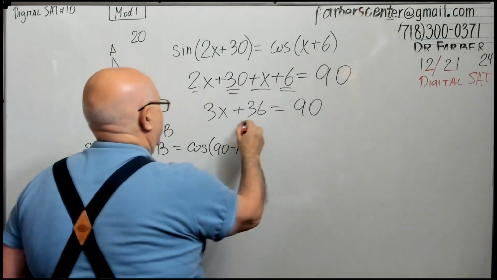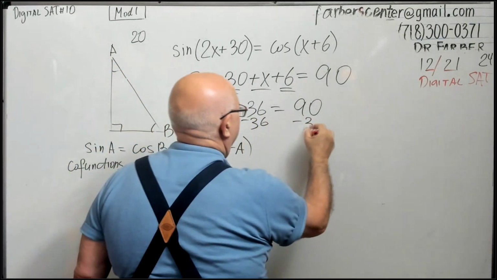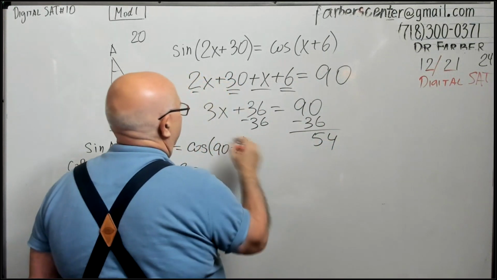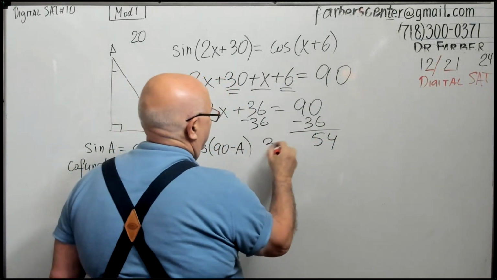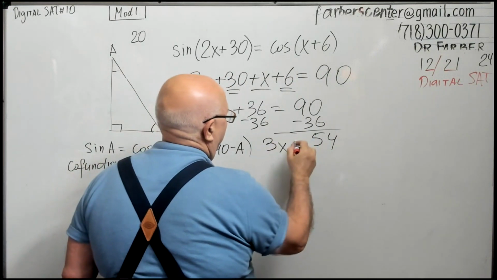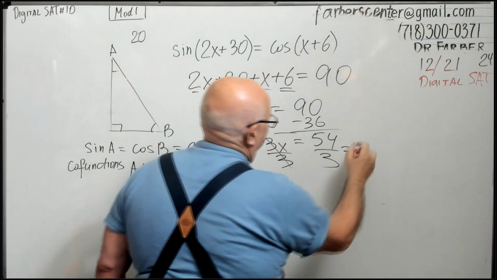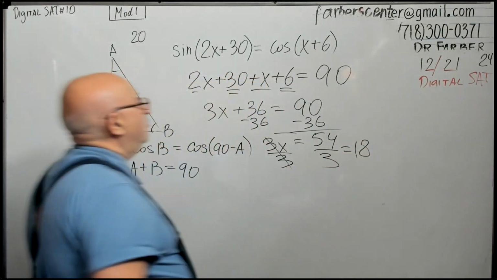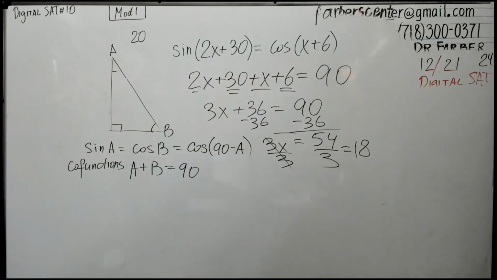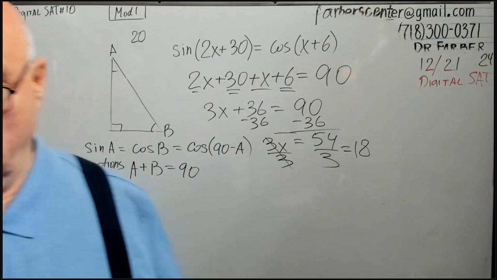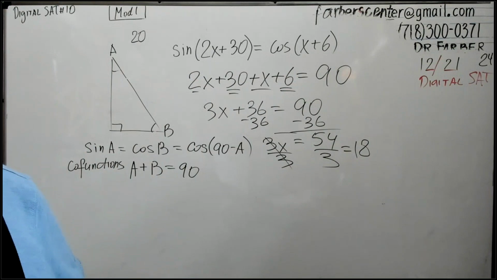And if you subtract 36 from both parts, this is 54, and this brings down 3x. Divide by 3 both parts, 18 degrees. Cofunctions. Who understands this 100%, students? 100. Good.